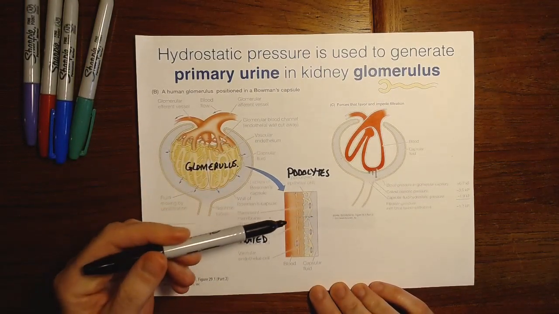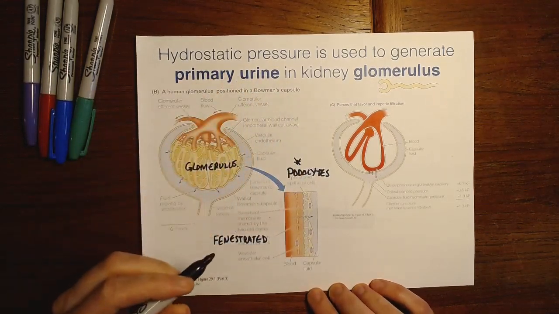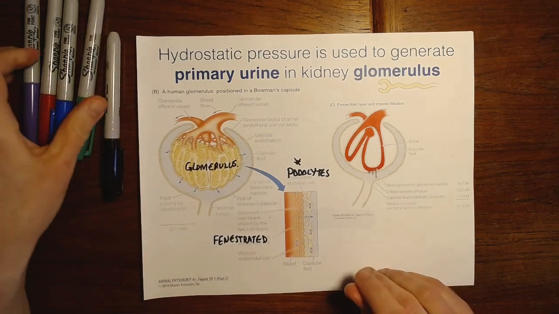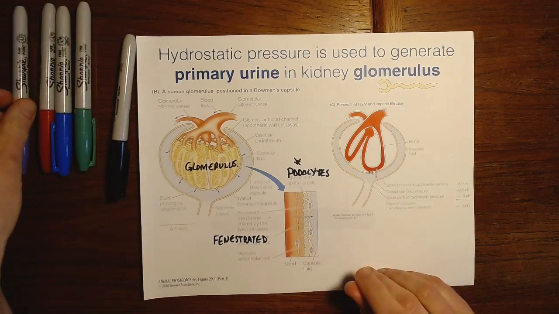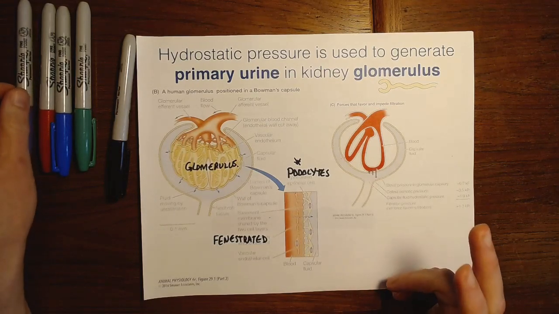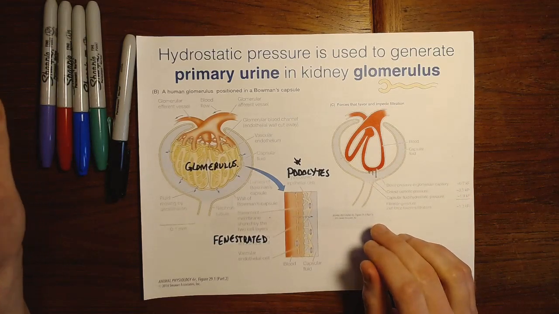And it's the podocytes that are really critical for determining what gets filtered out of the blood and into the capsule. So in healthy kidneys, only relatively small molecules can fit between the gaps between podocytes. And molecular charge and shape can also matter, but we're not going to really address that right at this moment. It's important to just be aware that this is a sophisticated filtration system.